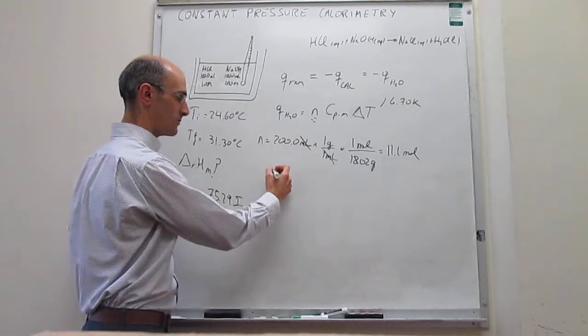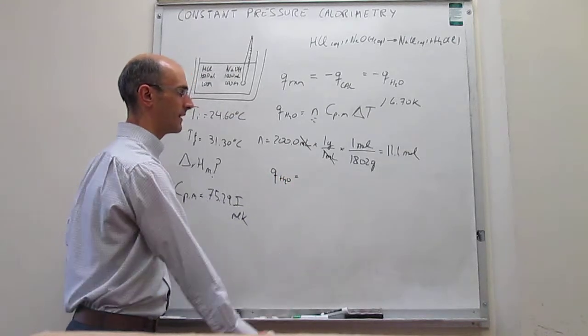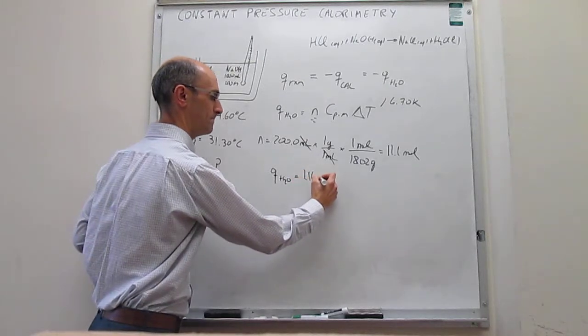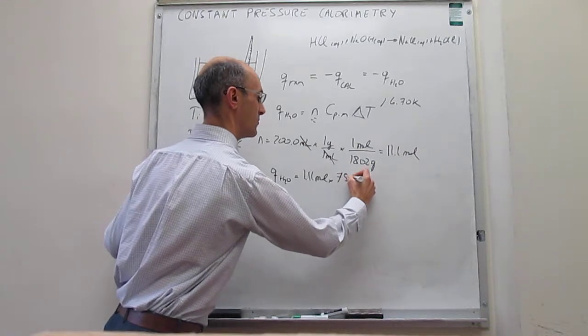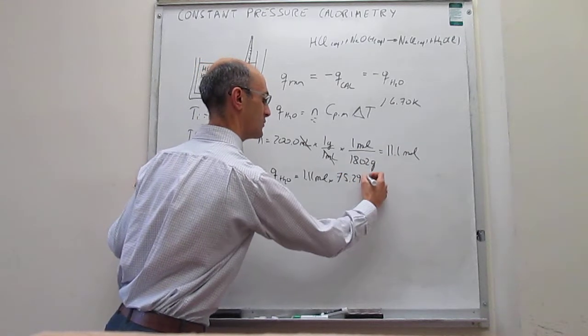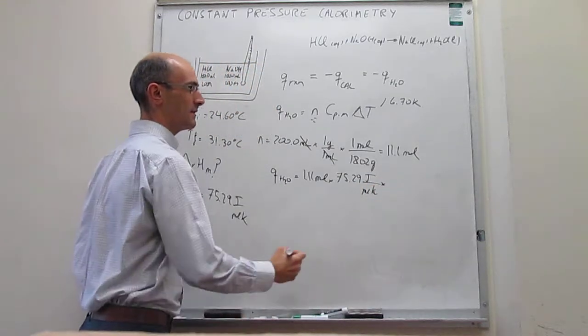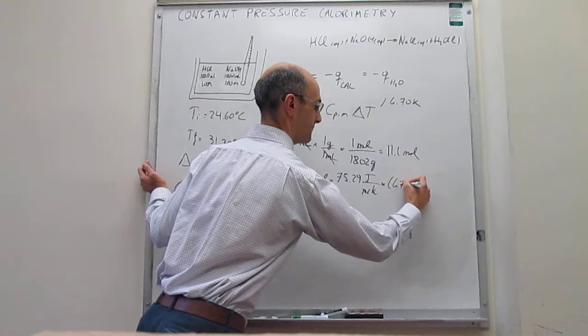So we're actually then ready to punch in the numbers and calculate what this heat absorbed by the water is. All right, so that will be 1.11 mole multiplied by the heat capacity of the water, 75.29 joules per mole Kelvin, and then the difference in temperature, which is 6.70 Kelvin.